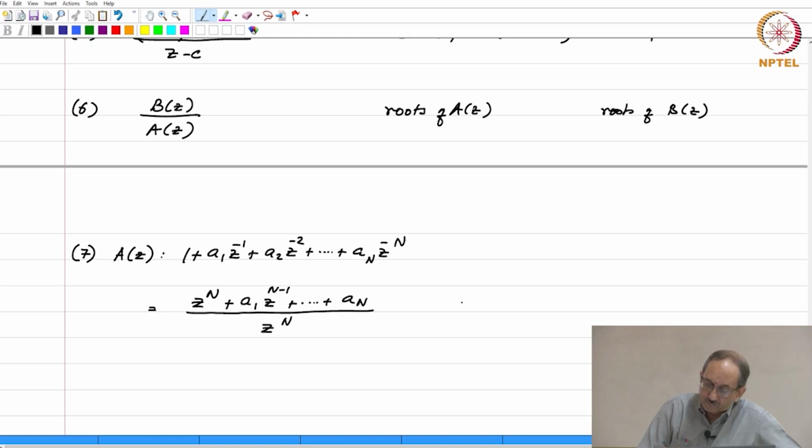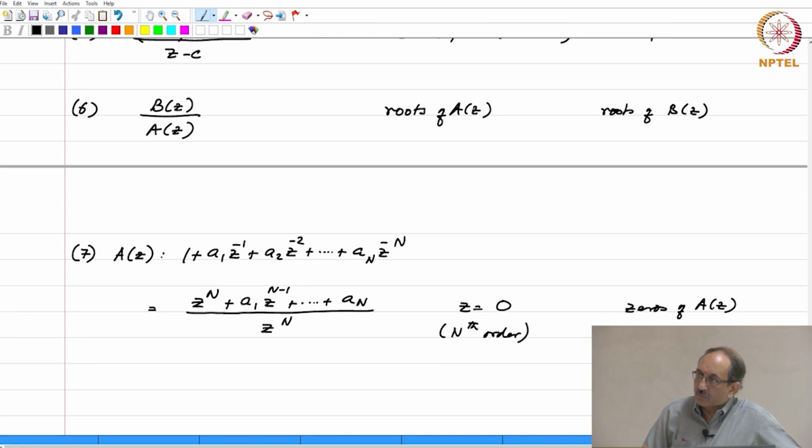So, at Z equal to 0, you have a pole, and this is of nth order, and you have zeros of the numerator polynomial. Of course, here I am assuming there is no pole zero cancellation. If there were some zeros at Z equal to 0, some of those zeros will cancel with the poles at Z equal to 0.